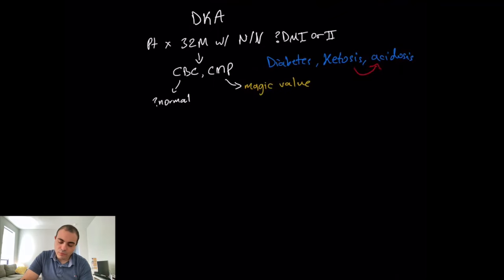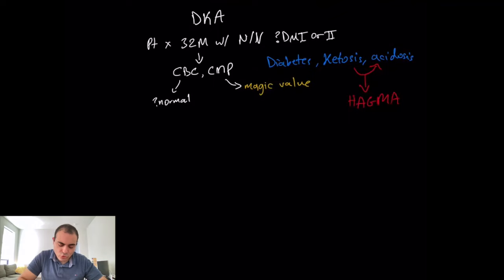What type of acid-base disturbance does ketoacidosis cause? I'll make it simple. High anion gap or low or normal anion gap? So high anion gap metabolic acidosis. Exactly.